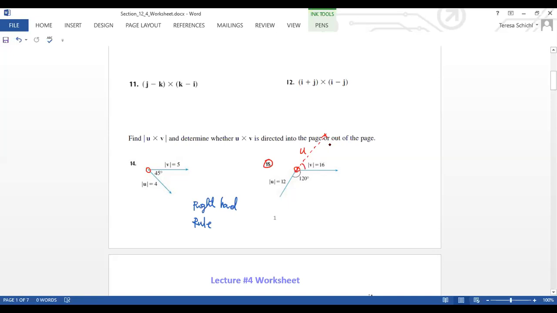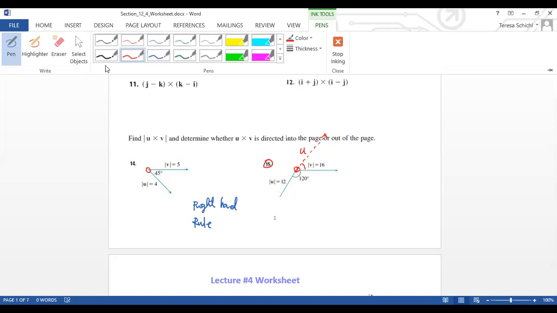Now this is how you use the right-hand rule. You put your fingertips here, and then you curve your fingertips toward your thumb to see where your thumb goes. For this one, your thumb has to go into the page.